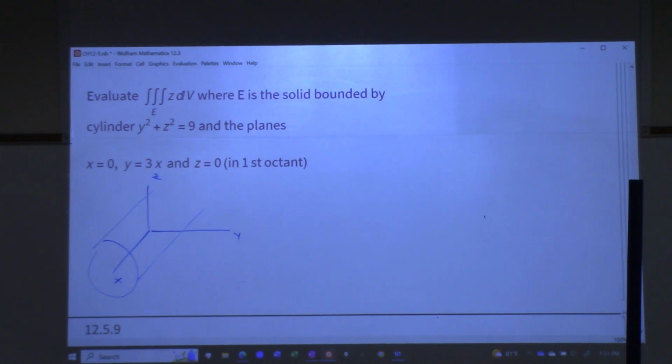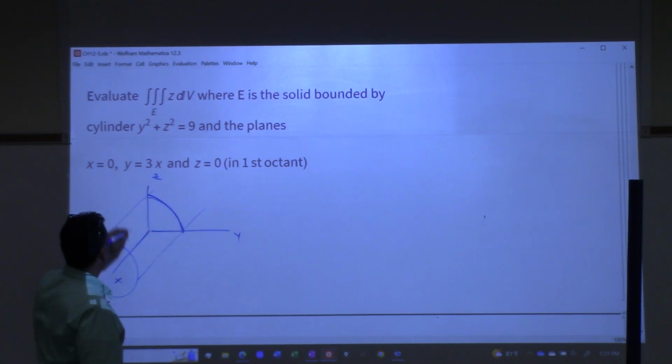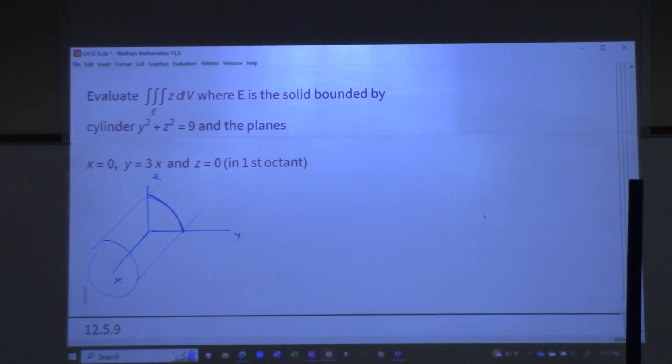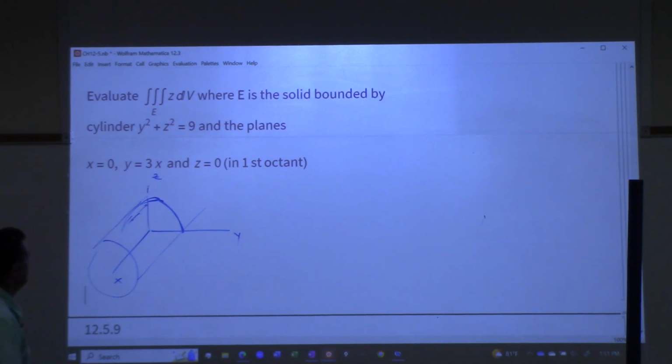Got a cylinder that has a radius of 3. I've got the ground, and then I've got the back wall. So at the back wall, it creates that, right? Nah, not like that. This picture's not very good. It goes around the back side, doesn't it? Yeah, like that.